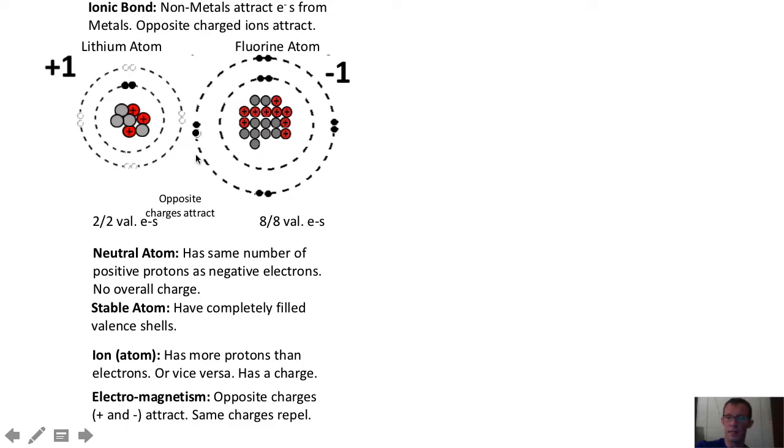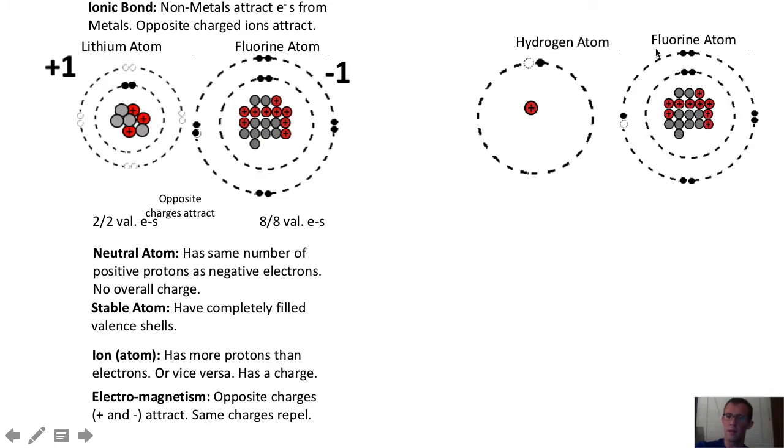But this isn't the only way that atoms can bond together. If there are 2 nonmetals, for instance hydrogen and fluorine, each of which would need to gain 1 electron in order to fill up its valence shell, what can happen is that the nonmetals end up sharing their electron orbitals.